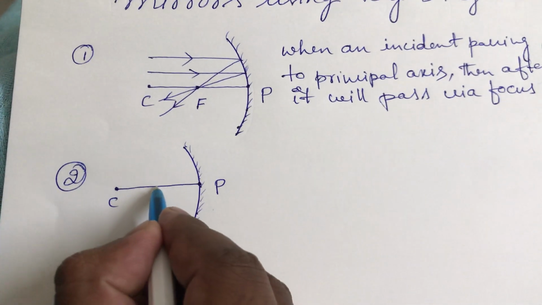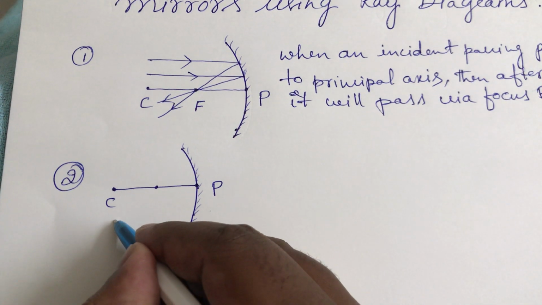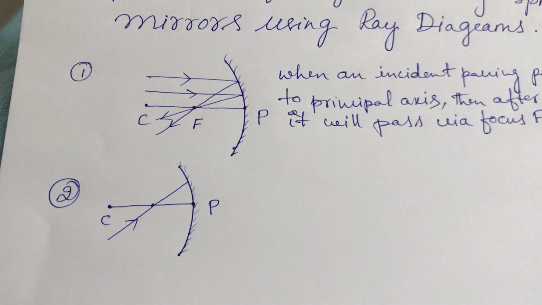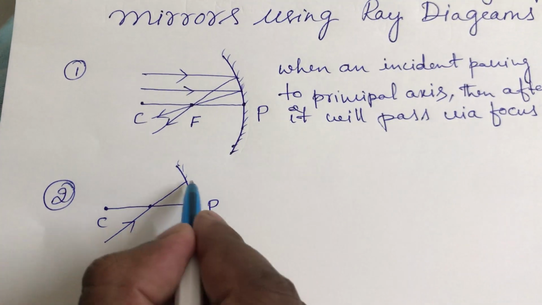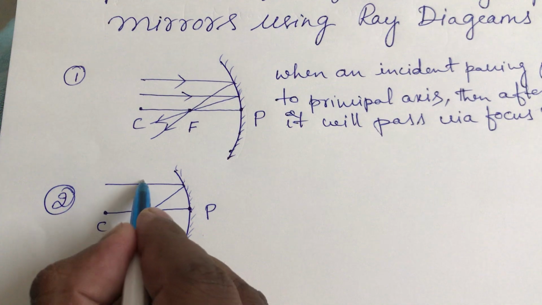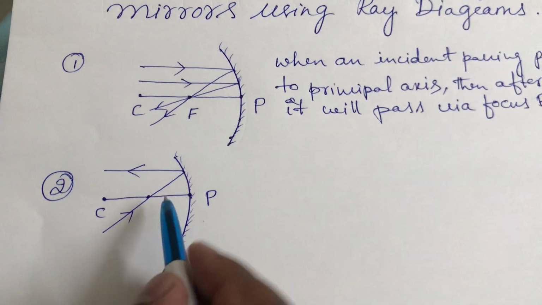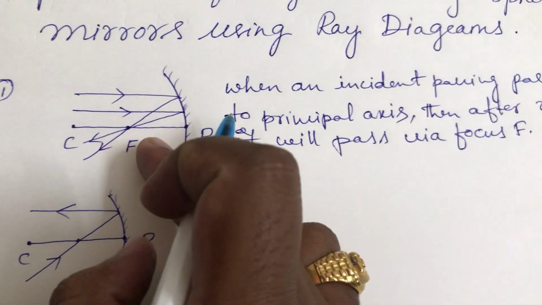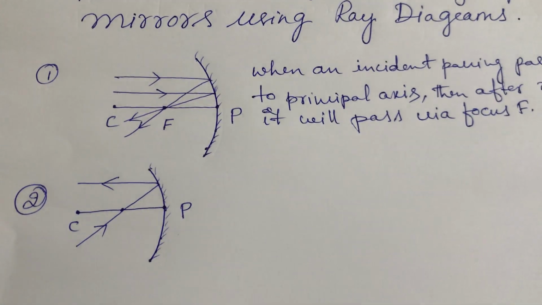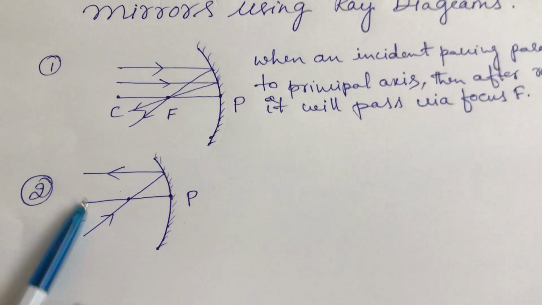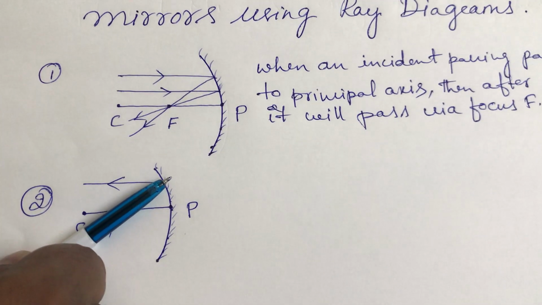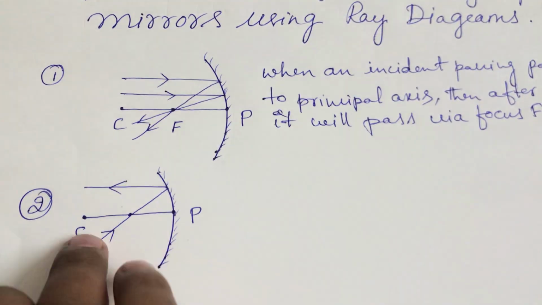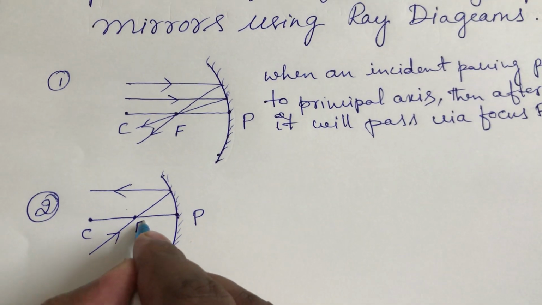Now the incident light ray is passing via focus. After hitting the surface, it will reflect back and go parallel to the principal axis. Very simple, exactly the opposite of the previous case.